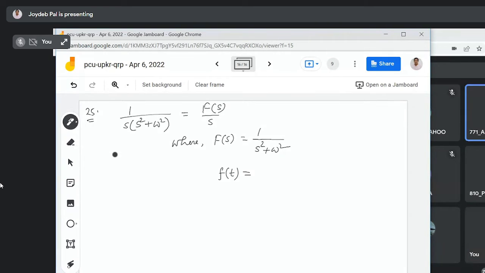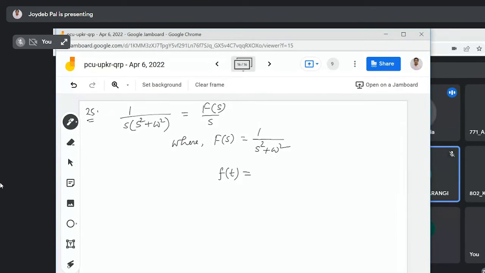So Laplace inverse of F(s) is correct, but what is the function exactly? Sir, 1 by omega cos omega t.